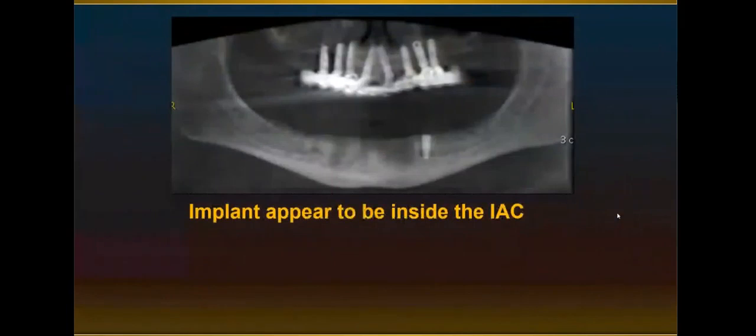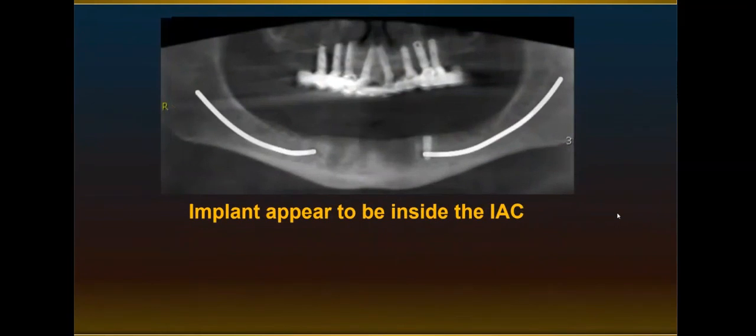This is the second case, and I'm going to show something different. This is a panoramic image, and we can see there is an implant in the lower left premolar region, and it seems to be injuring the inferior alveolar canal.